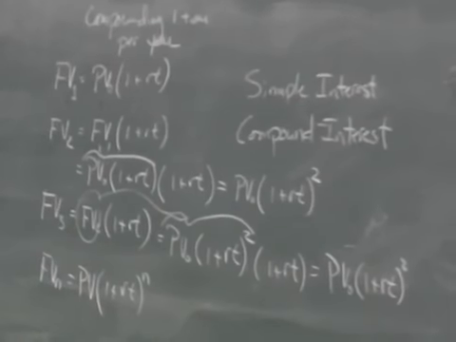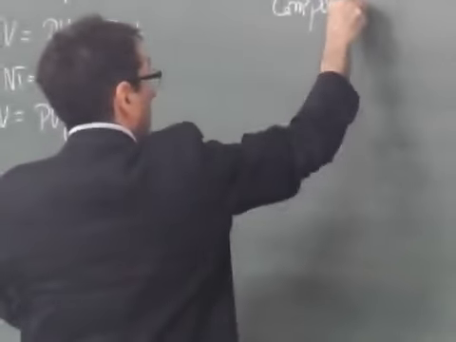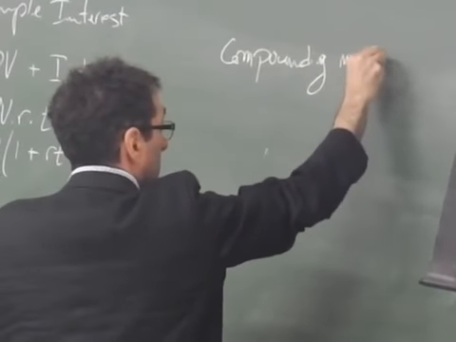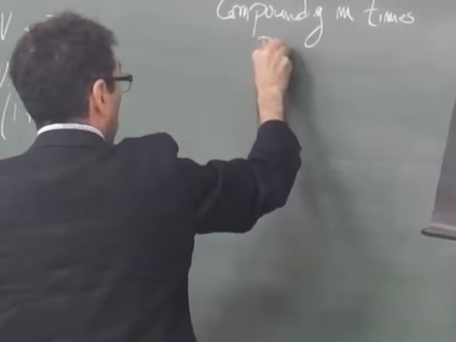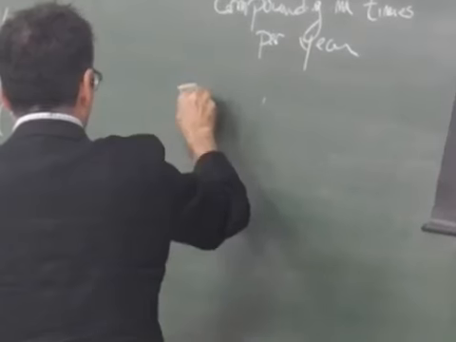Go ahead and talk about compounding, let's say m times per year. We still want to calculate the future value. This is all about the future value.